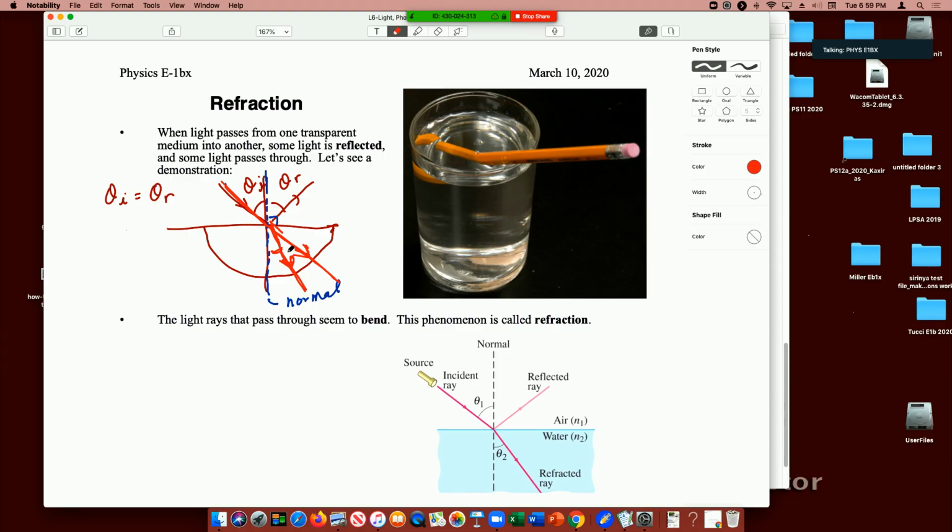Let's look at it. Here it bends towards the normal, and that's when we're going from air to acrylic. So let's look here.